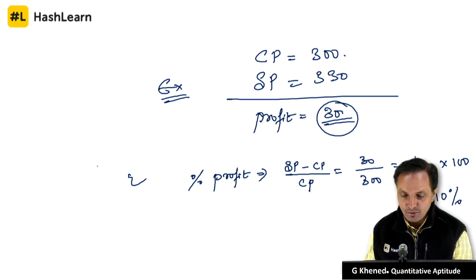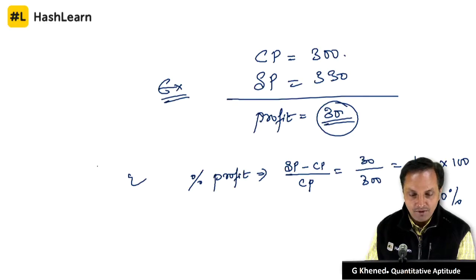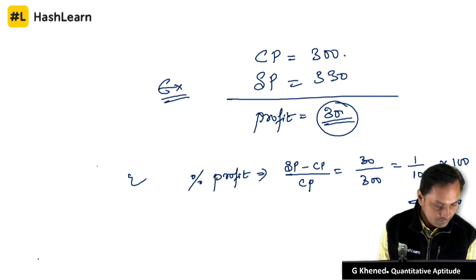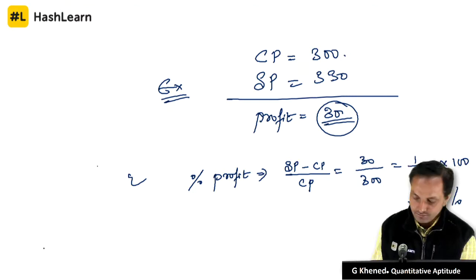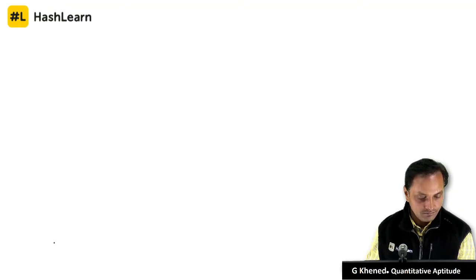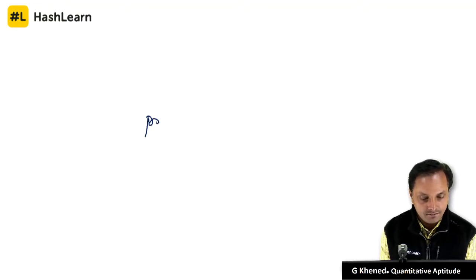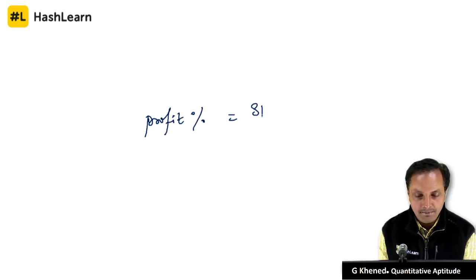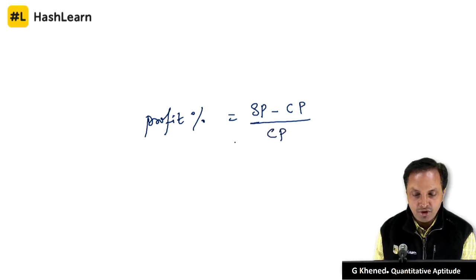So remember one formula: your profit percentage is selling price minus cost price, divided by cost price, into 100.